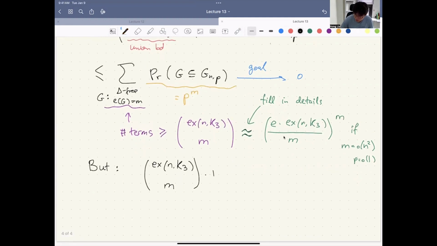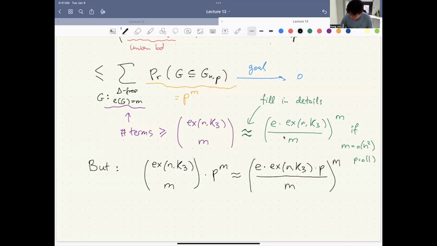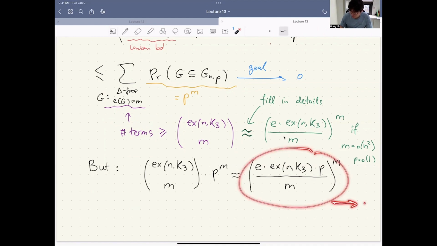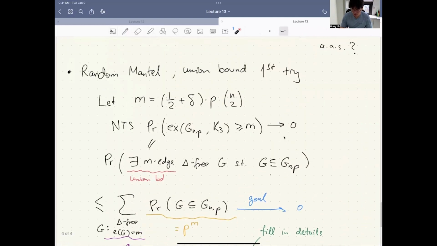So times p to the m. This is roughly, using the above estimates, e times the extremal number of K3 times p, divided by m, raised to the power m. So if you want this to tend to 0, we need m to be large. Remember, m is this.